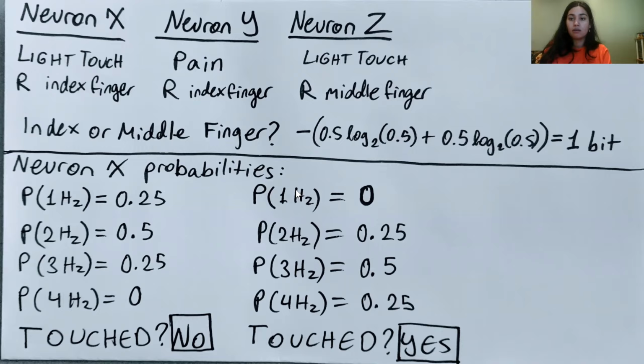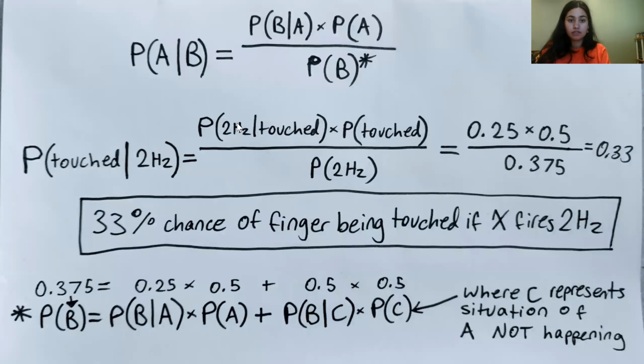So over here, the probability of it firing 2 hertz when it's touched, multiplied by the probability of it being touched at all, is going to be 0.25 times 0.5.